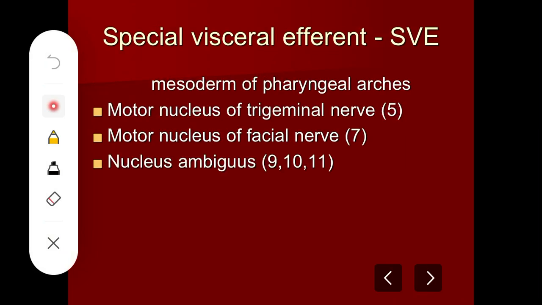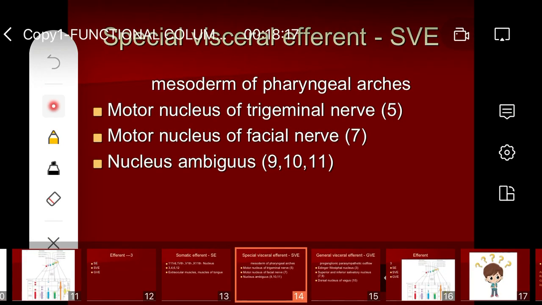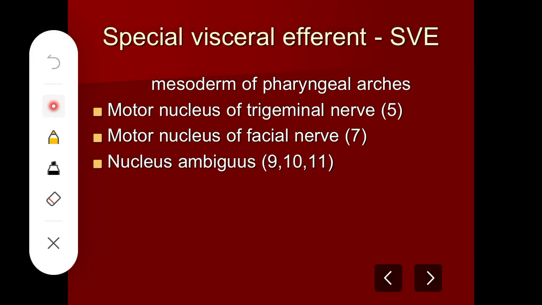Now we are going to the second component, that is the special visceral efferent. Once you hear the term SVE, the next word that you should remember is pharyngeal arches, or branchial arches. That you should never forget.